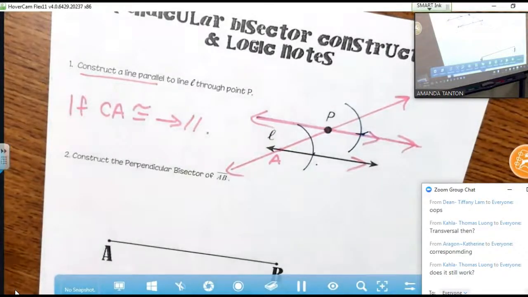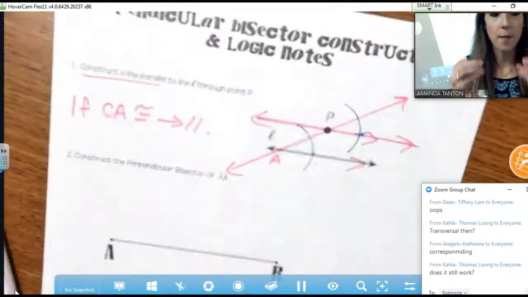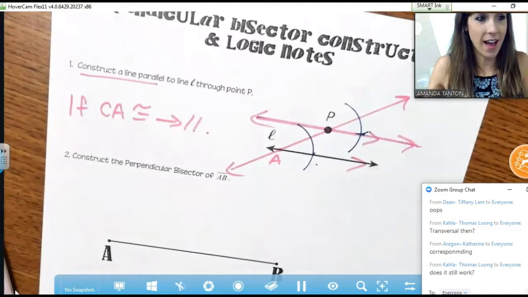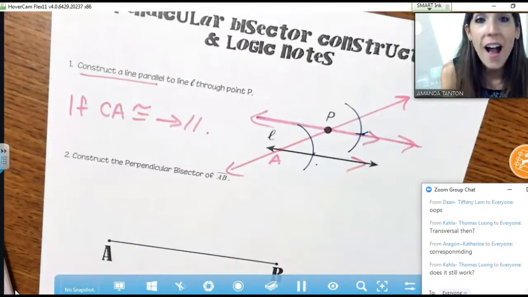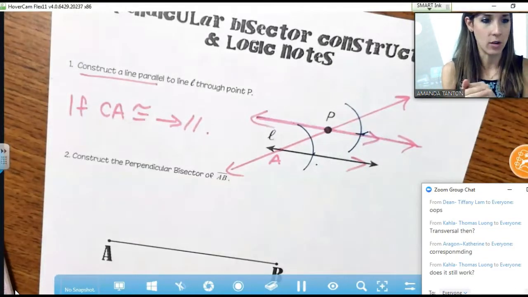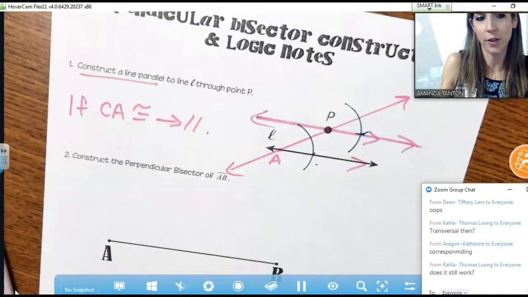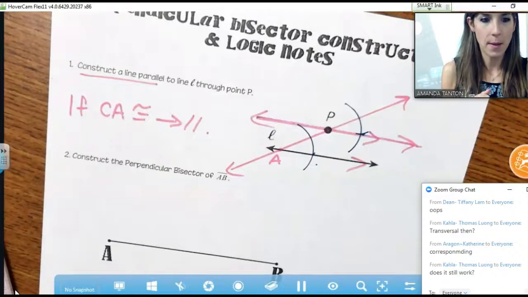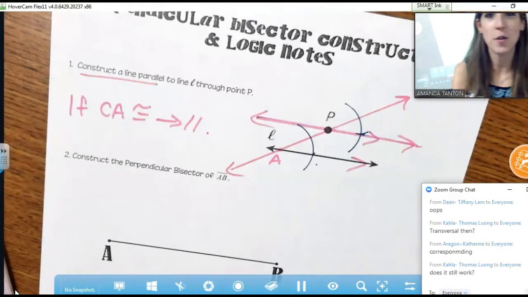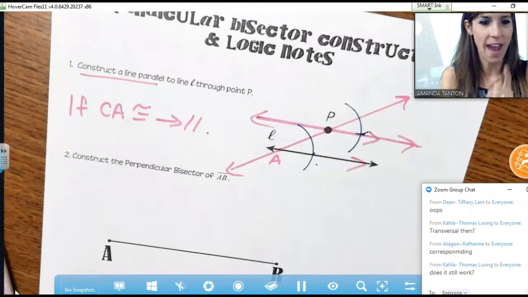So that's what I want you to take from this. If I want to make parallel lines, first I better construct some corresponding angles. I better copy an angle in the corresponding part just further up along the line, and we get parallel lines. Okay? Done?